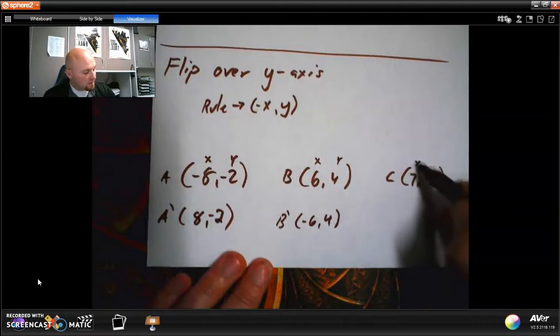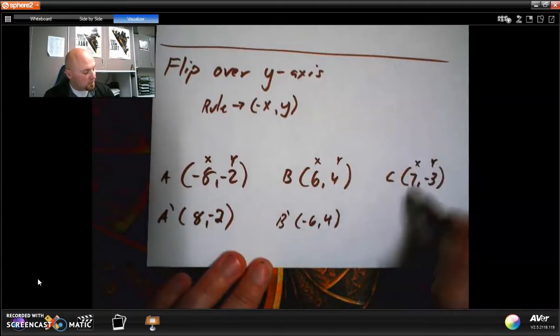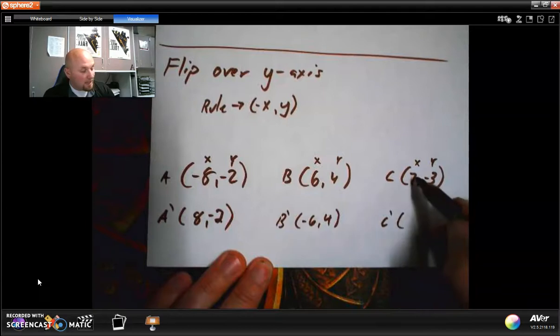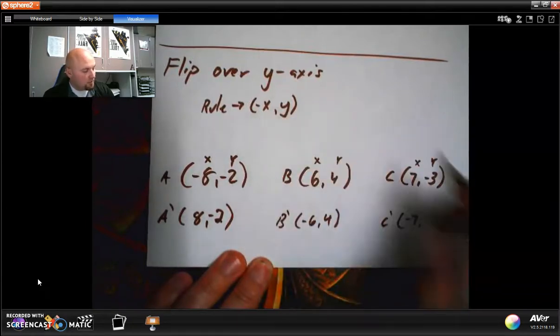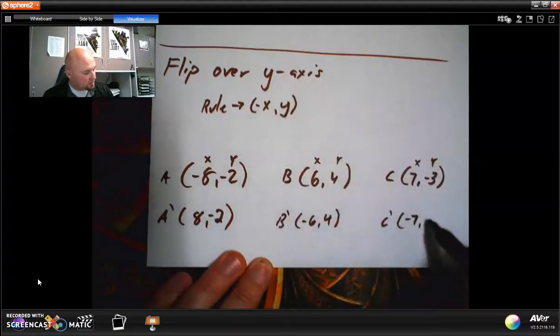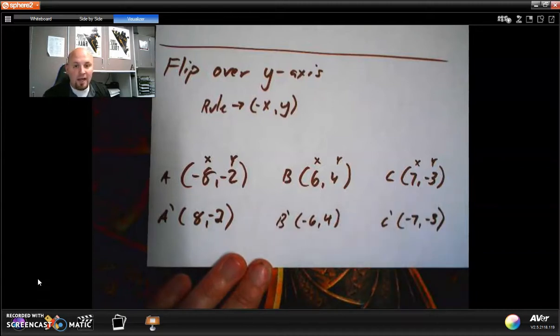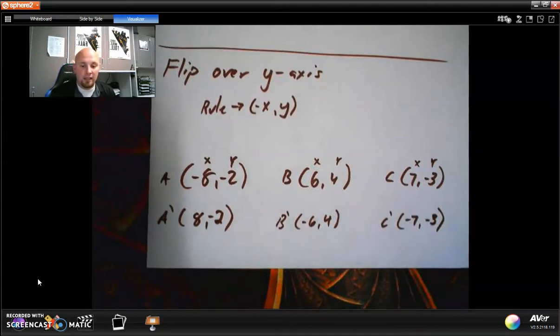C, there's my x, there's my y. C would change to C prime, the x would become the opposite, -7, but the y does not change, so -3 stays the same. And if I was to flip that over the y-axis, that is what it would look like. So there's the math behind it. Try it out.